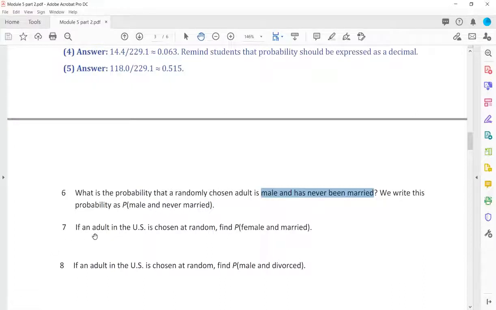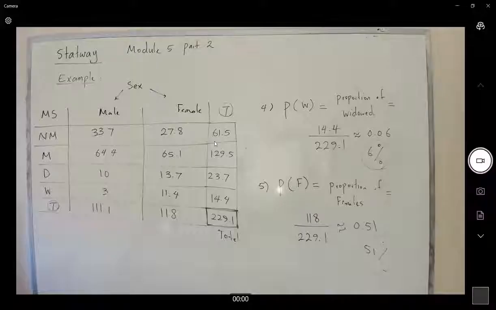And 7, if an adult in the United States is chosen at random, find the probability that that person is female and married. So as I mentioned before, now we are interested in combining different categories. And 8, if an adult in the United States is chosen at random, find the probability that the person is male and divorced. Let's go to the board, solve this question.